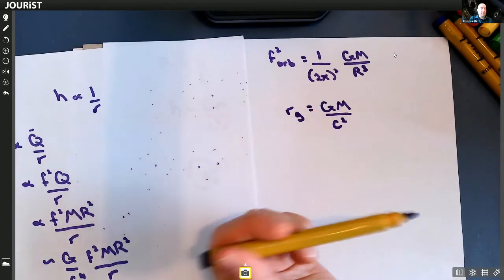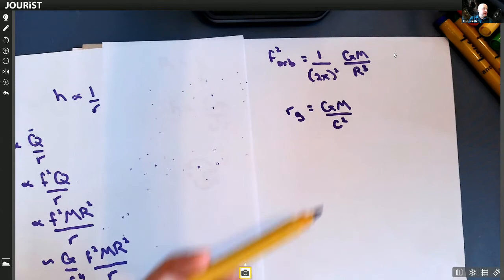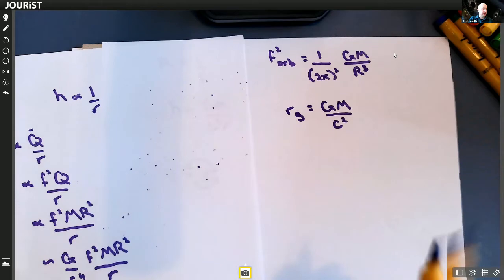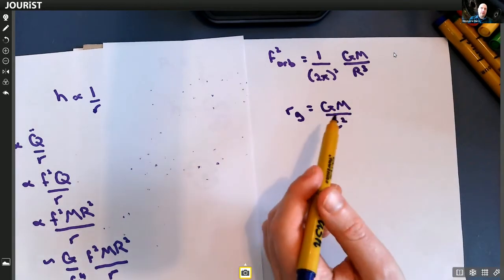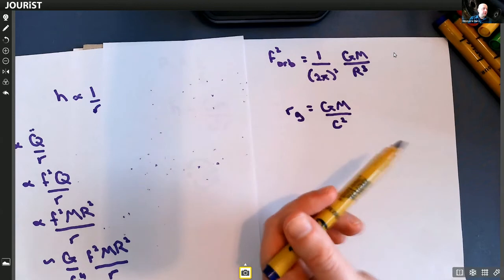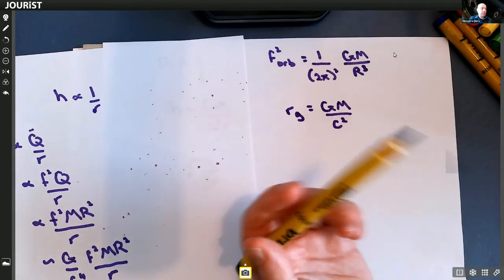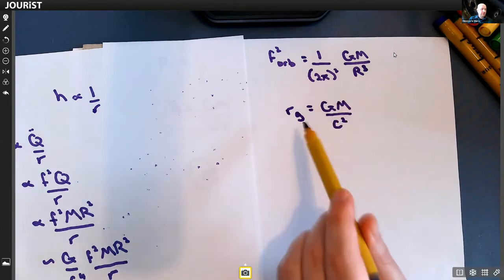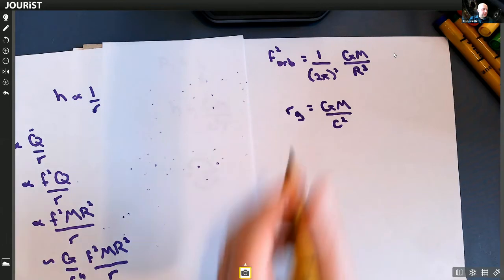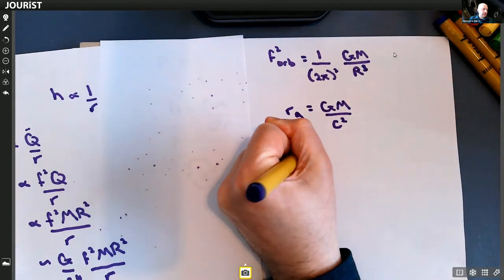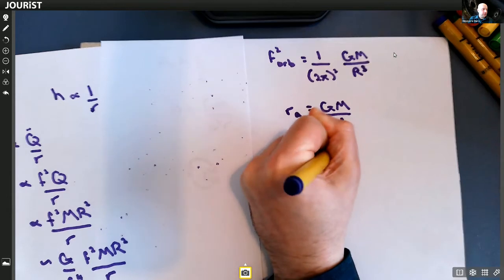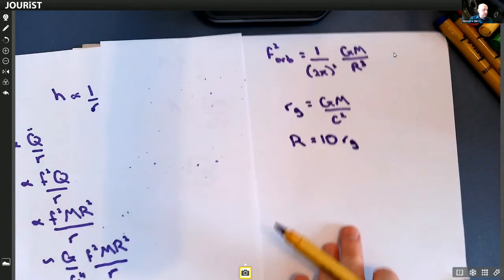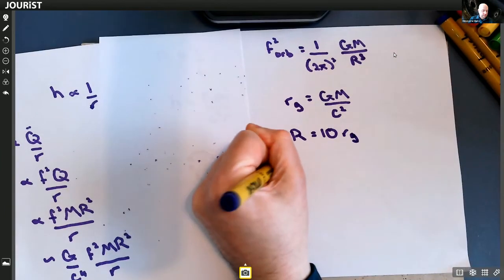The Schwarzschild radius is twice this, and is often used as the characteristic size of the event horizon. Schwarzschild solutions describe non-rotating black holes, and Kerr black holes are described by something which looks very similar. So let's work in terms of this gravitational radius, and take something not quite this scale, but a bit bigger: 10 times the gravitational radius as our characteristic size for our binary. Substitute this in to our orbital separation.